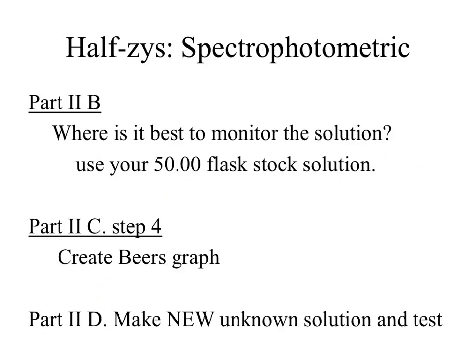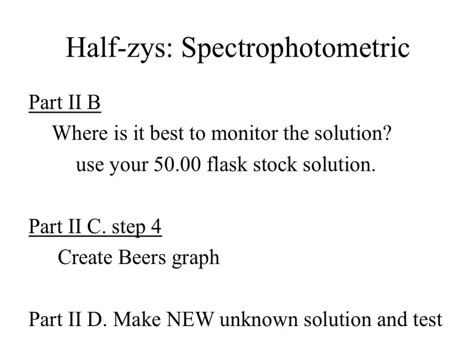So, part B is just trying to find the best place to monitor your reaction. So you'll use your 50 mL stock flask. Part 2C, step 4 is where you start creating your Beer's graph. So that's absorption and concentration. Procedure can be a bit confusing with making those solutions, so if you've got questions, stop and ask.